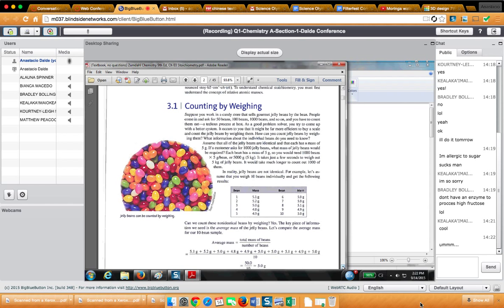Then I get my scale and pour the jelly beans until it equals 100 times the weight of 10 jelly beans, and that gives you 1,000 jelly beans.